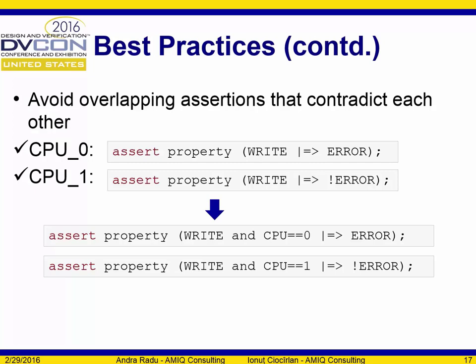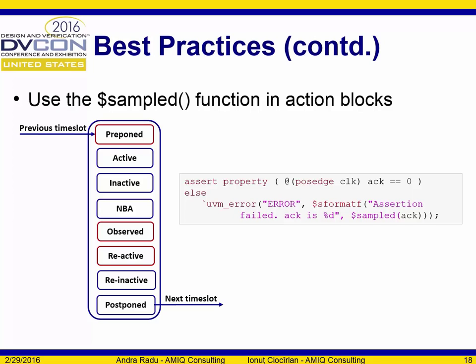The last of the best practices is a not so well known behavior of SystemVerilog. The standard splits the time slot, so clock cycles, into different event regions. This is done for scheduling purposes, but it could also provide some issues for the assertion developer. For example, for concurrent assertions, the important event regions in a time slot would be the preponed region, the observed region, and the reactive region.